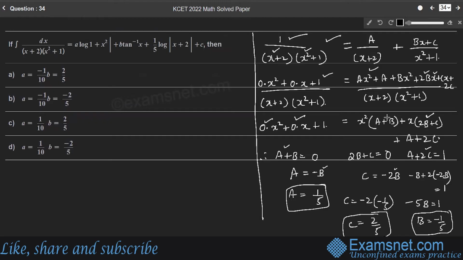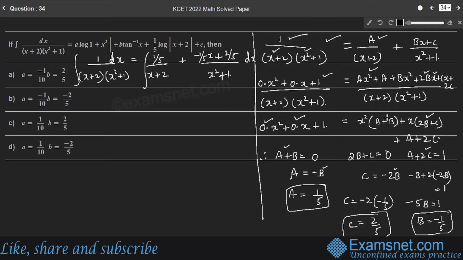So 1 by (x plus 2)(x square plus 1) can be written as a by x plus 2, where a is 1 by 5, so 1 by 5 by x plus 2, plus bx plus c divided by x square plus 1, where b is minus 1 by 5 and c is 2 by 5. Now consider the integral part, the integral of these two, dx.